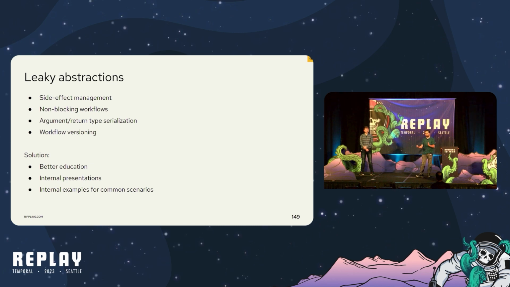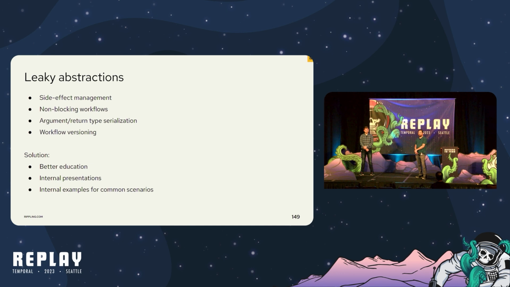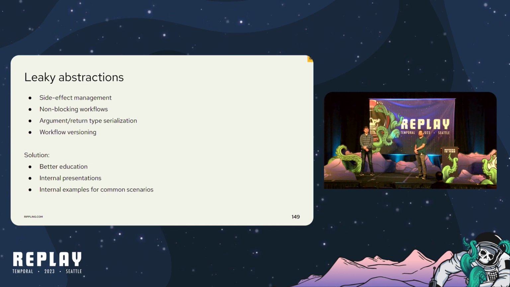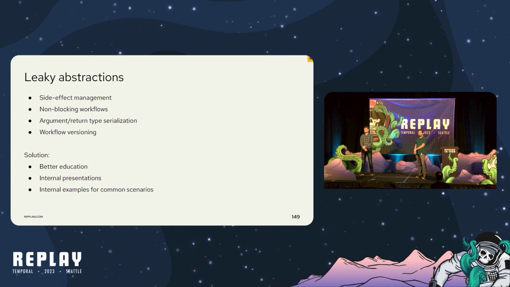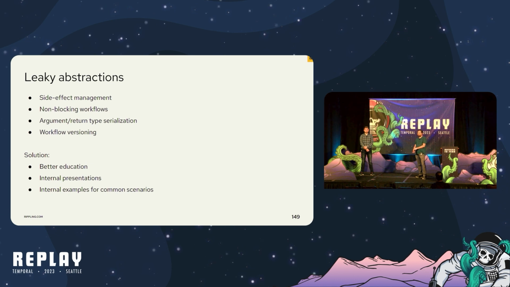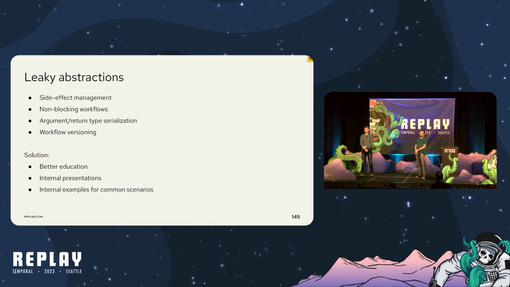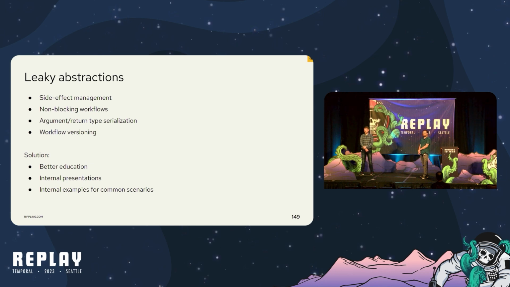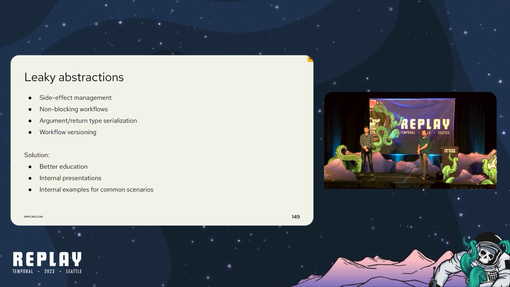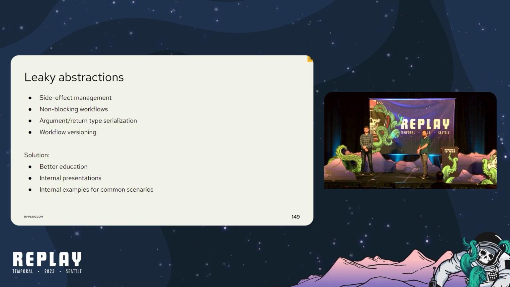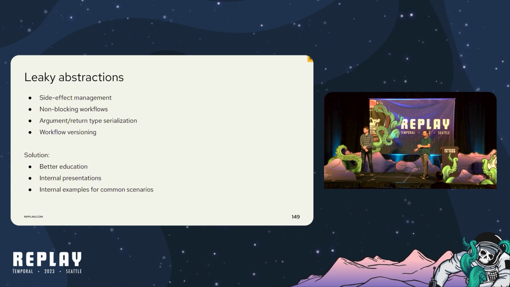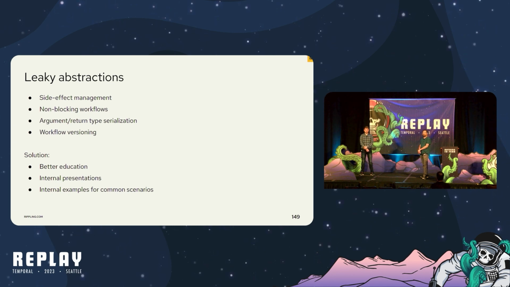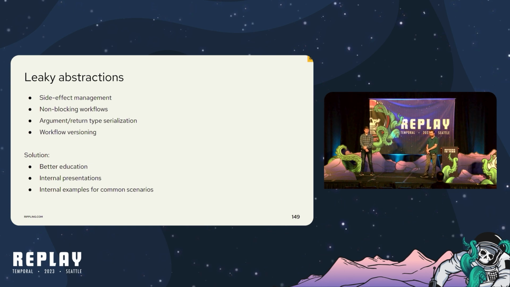These abstractions we provide to our internal developers create some issues, and we probably want to make it better through documentation or by building a few templates for them, and more demos internally for them to get started.